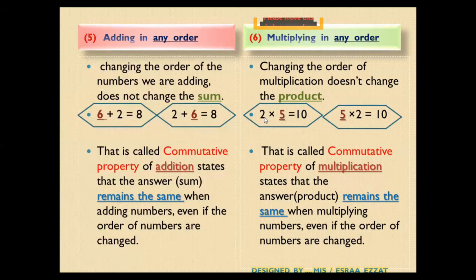If we write 2 at first and then multiply 5 by 2, it is the same product as when we write 5 at first and then multiply 2 by 5. The product here remains the same.